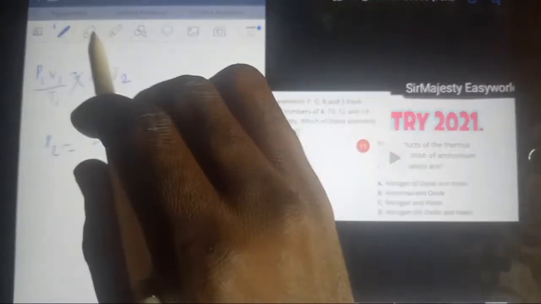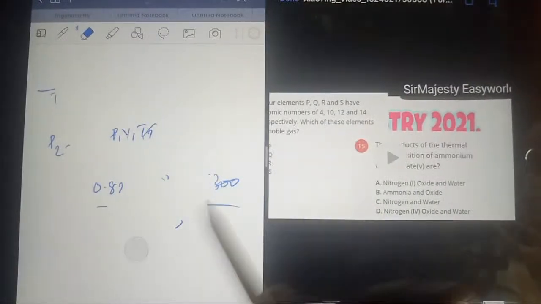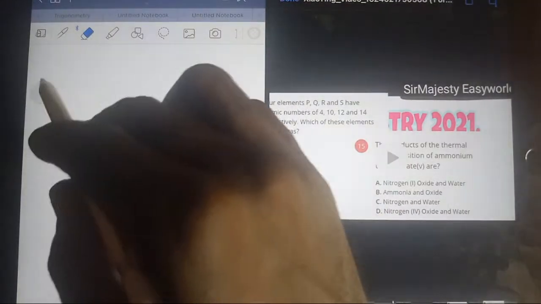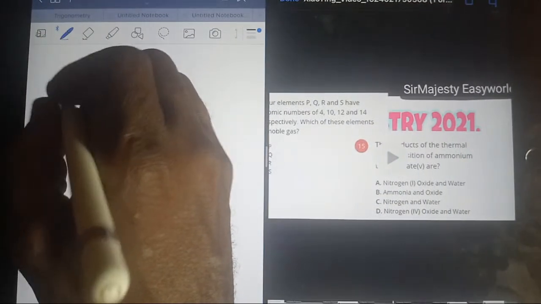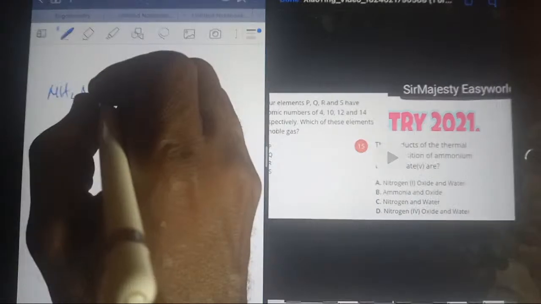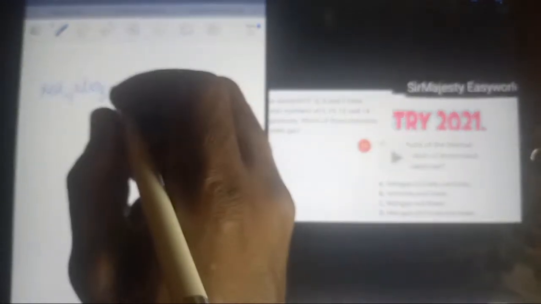So to show the equation of the reaction, the equation of the reaction is NH4NO3, action of heat.